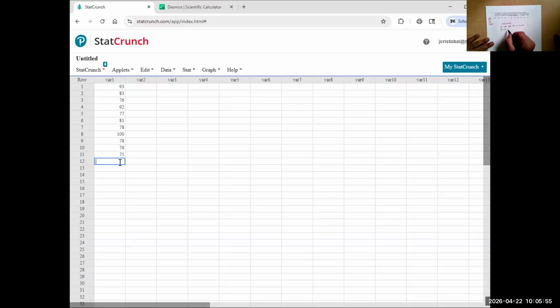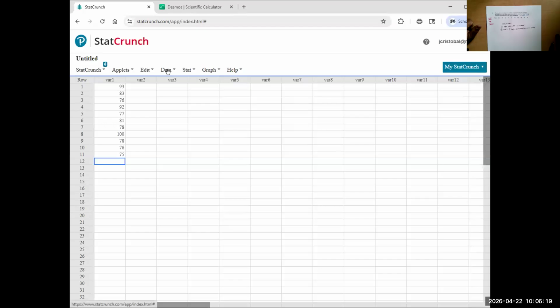And then once I have that data into a column on StatCrunch, now we go to that Stat menu. Since it's just a sample, it doesn't say anything about having a population standard deviation, we're going to go to T Stats. We only have one sample we're working on, but now we have data. So we're going to say with data. If we had done the calculations earlier to get X bar, to get S, then we go with summary.